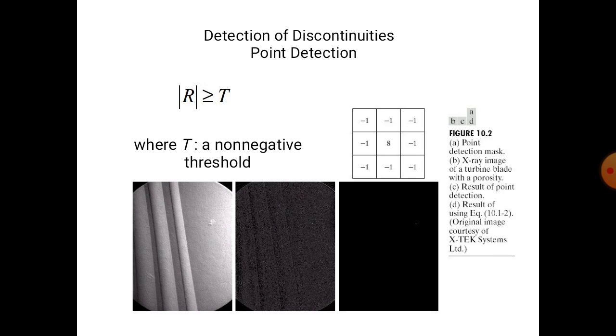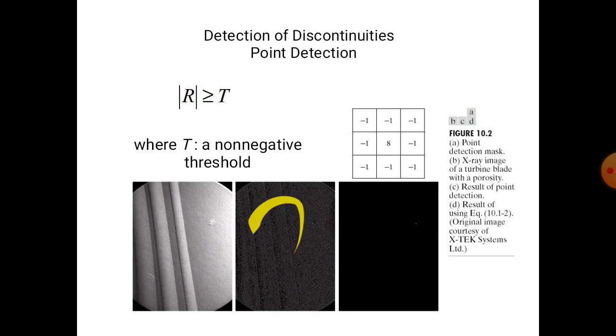We illustrate segmentation of isolated points in an image with the aid of this figure, which is an X-ray image of a turbine blade from a jet engine. The blade has a porosity in the upper right quadrant of the image, and there is a single black pixel embedded within the porosity.